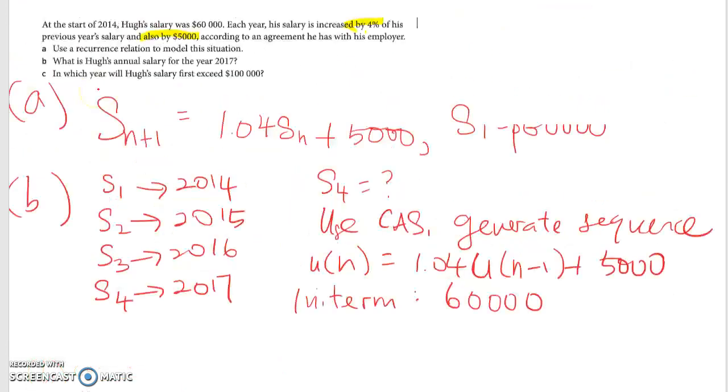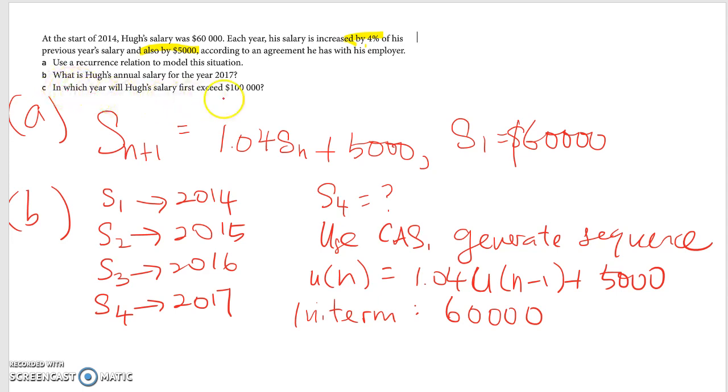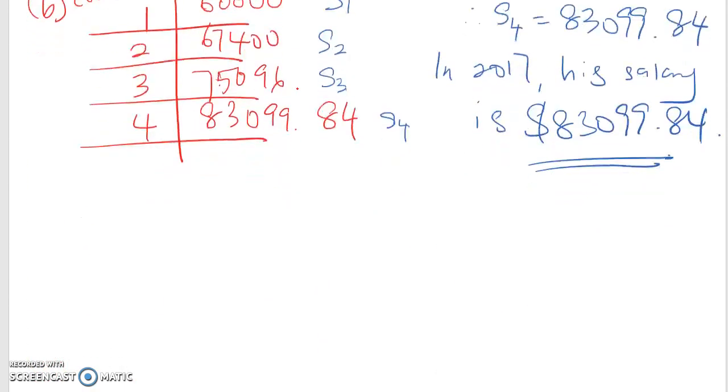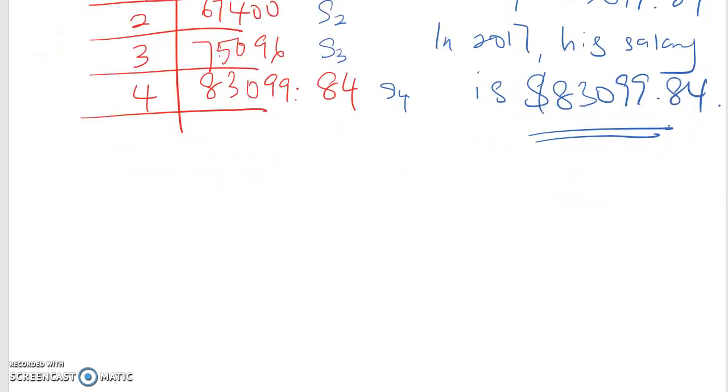Next point. In which year will Hugh's salary first exceed $100,000? Okay, so if we continue this table, we actually can scroll down further and look at the next few values. You will see that the fifth value here is 91423.21.